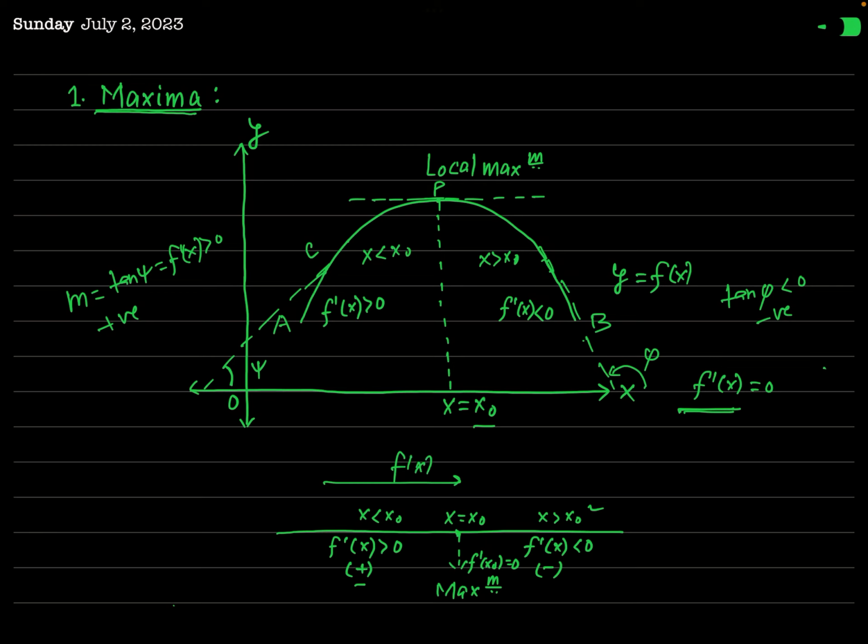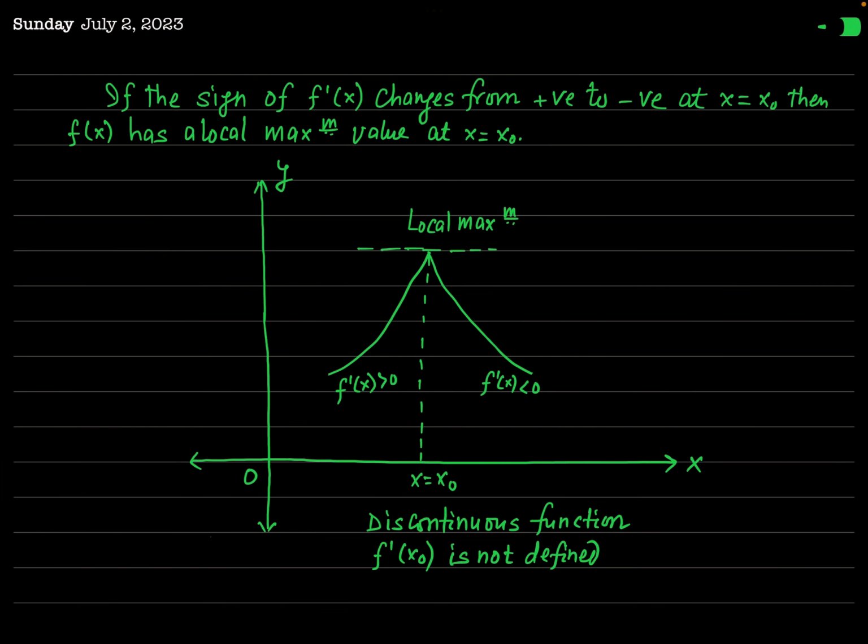Then we say that at x equal to x naught, our function has a maximum value. I think we have understood how we can decide whether at a critical point the function has a maximum or a minimum. You have learned only about the maximum. The sign scheme for the minimum value of the function at x equal to x naught will be just the reverse.